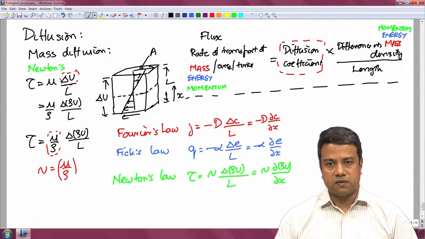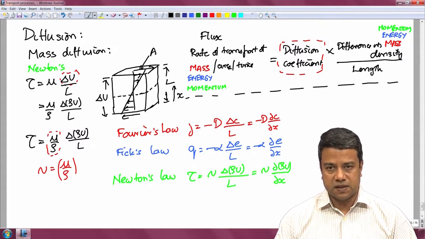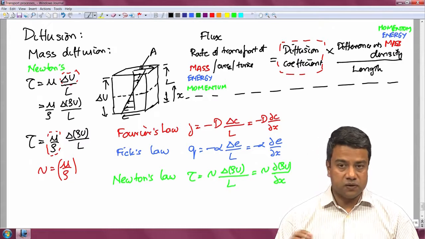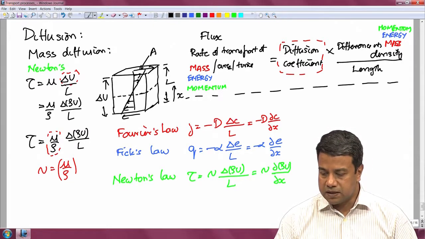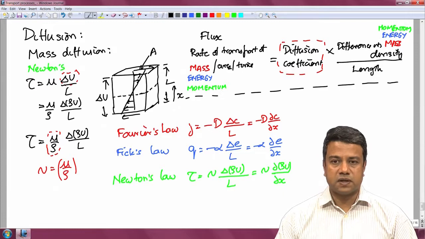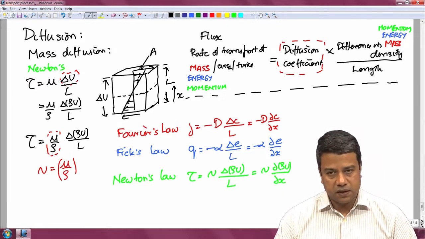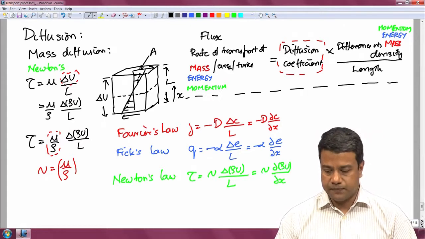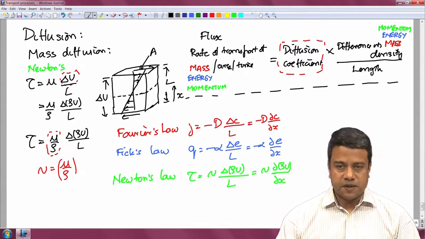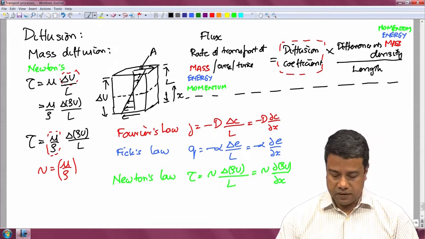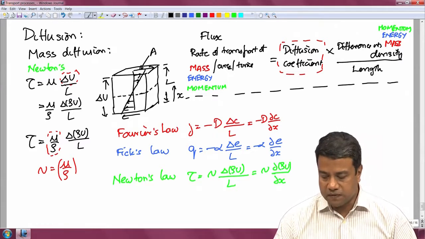The gradient of that gives you one more inverse length scale. And if you put those two together, this diffusion coefficient for any quantity has to have dimensions of length square per unit time. So, we had expressed the Fourier's law, Fick's law, and Newton's law in terms of this.